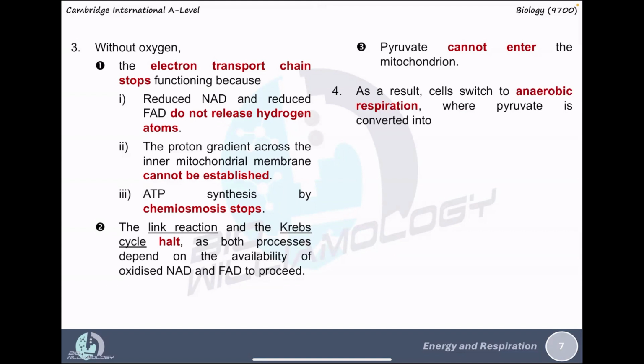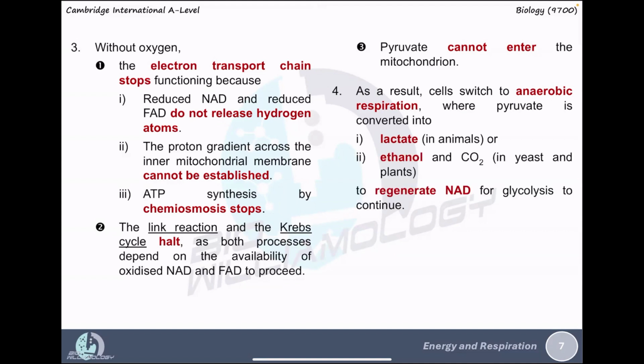So as a result, the cells now have to switch from aerobic respiration to anaerobic respiration, where pyruvate will be converted into lactate in animal or mammalian muscle cells, or ethanol and CO2 in yeast and plants. Due to this anaerobic respiration that takes place in the cytoplasm, NAD can be regenerated for glycolysis to continue so that a small yield of ATP can be produced. We are going to look at this anaerobic respiration in another lesson.